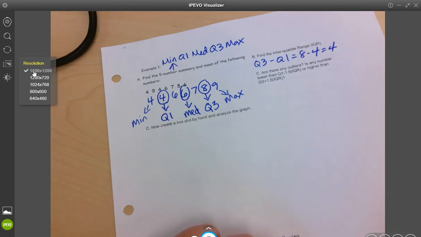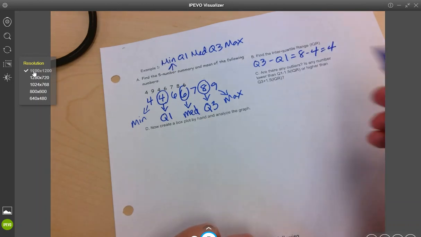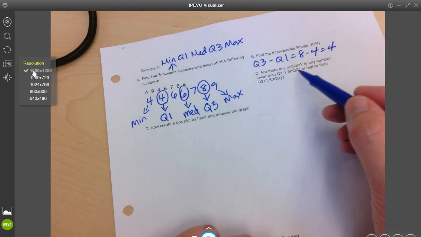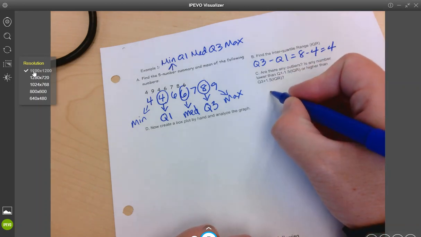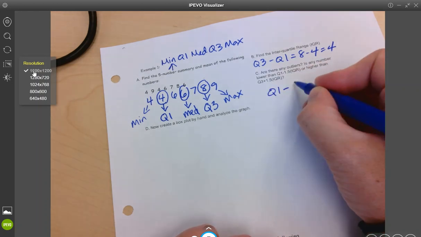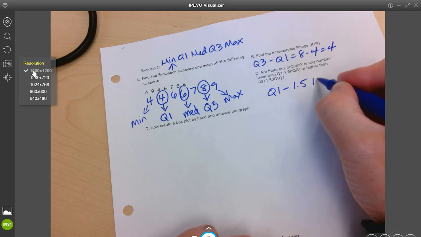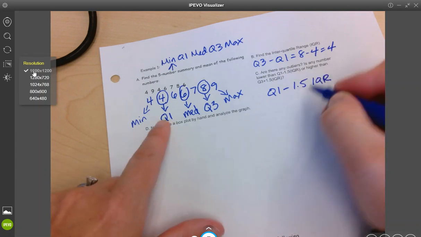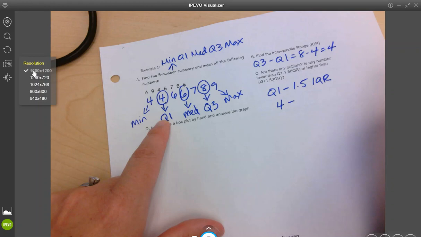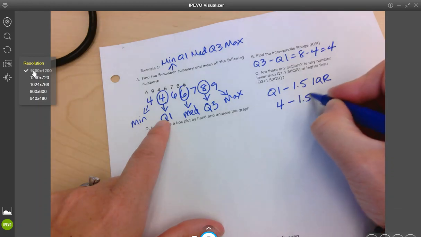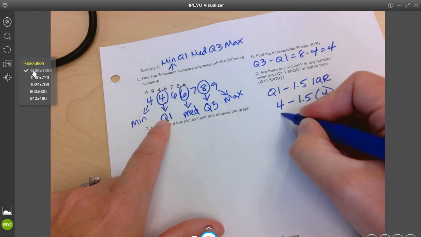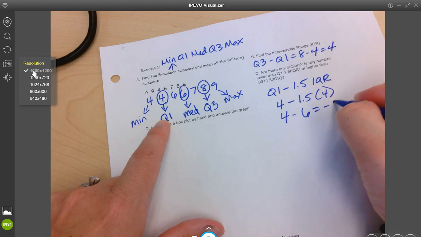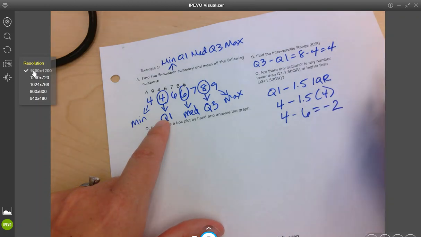And it asks, are there any outliers? Are there any numbers that are lower than Q1 minus 1.5 IQR? So that would be 4 minus 1.5 times 4, 4 minus 6. So there are no numbers lower than -2, so we're good.